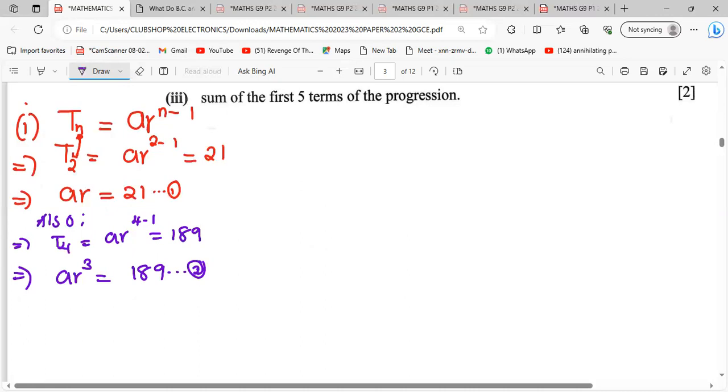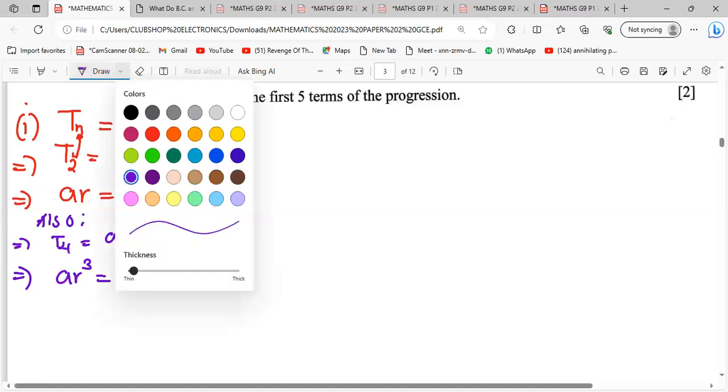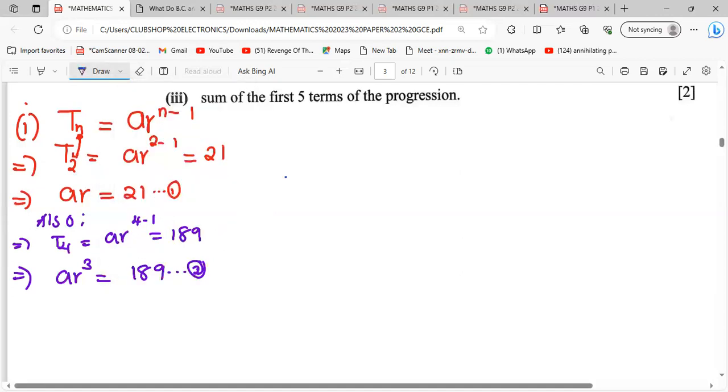And now, because we see that in equation 1 there is a, and in equation 2 there is a, so these two can divide because we are multiplying them. Then there's r to the power 1 here, and here is r to the power 3. So r to the power 1 can easily divide into r to the power 3.